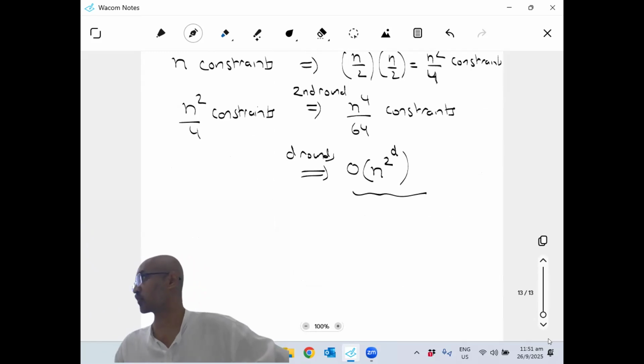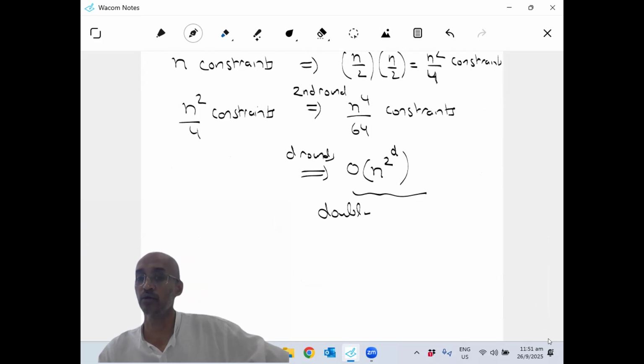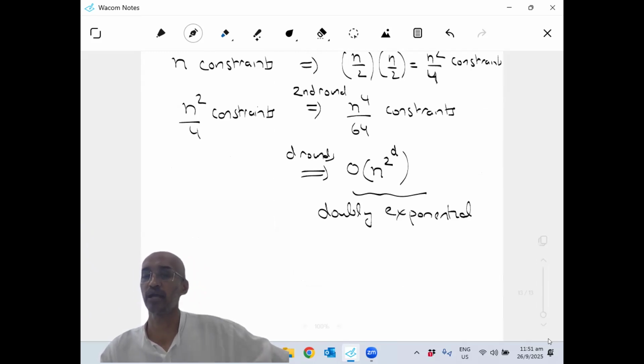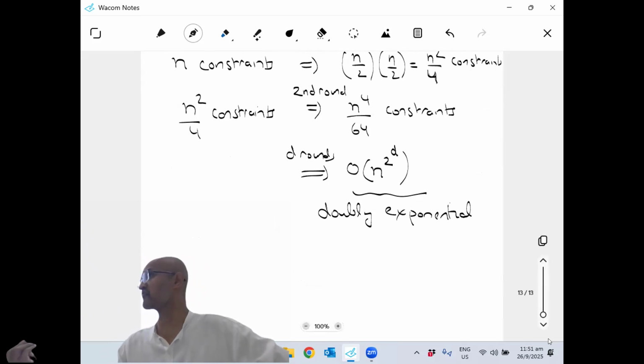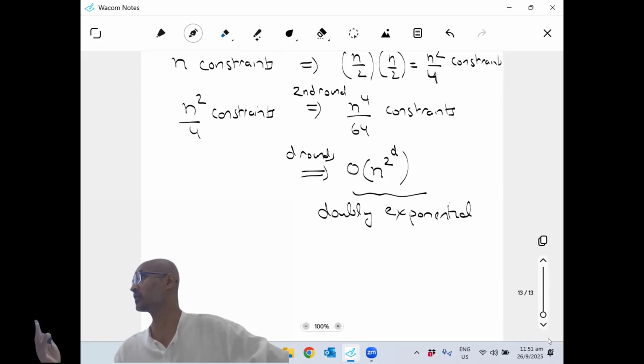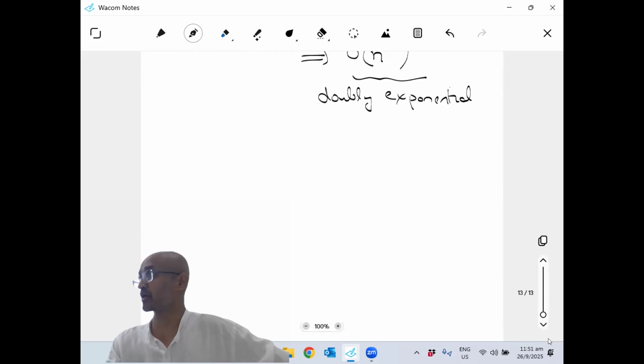So this is doubly exponential, not only single exponential. So it's not a very efficient algorithm. But it is an algorithm, and you can do it at least for a few rounds. So that's one thing which you should keep track of.